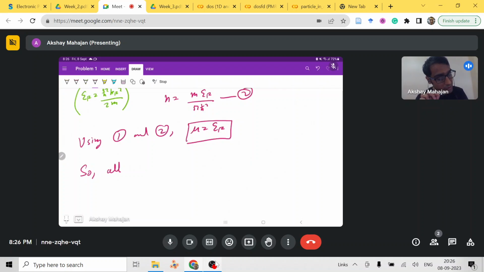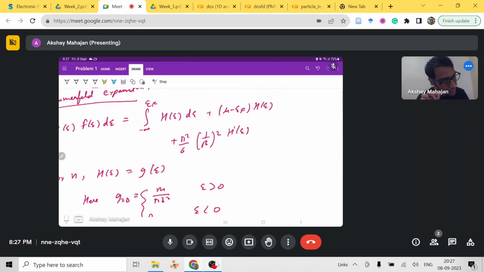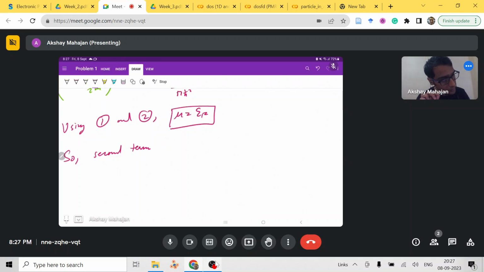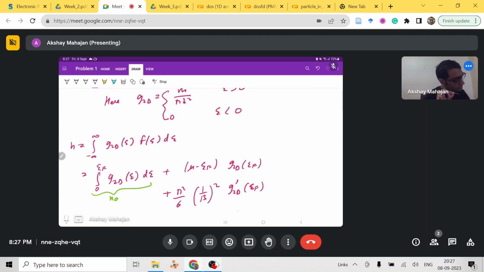So we can see that this term, mu minus epsilon of f, the second term, which was mu minus epsilon of f times g2d of epsilon of f.